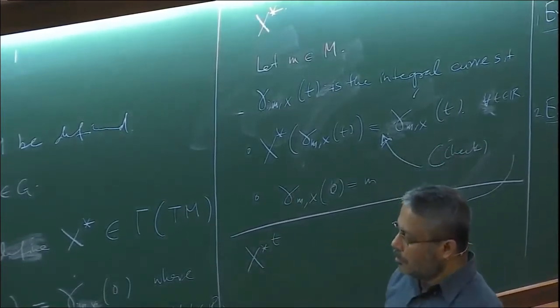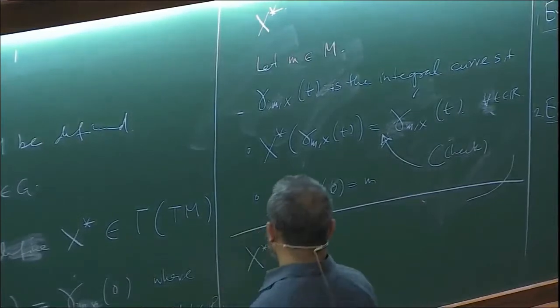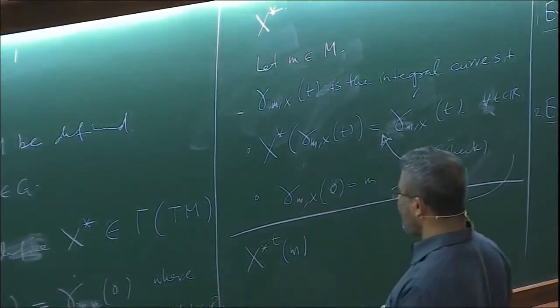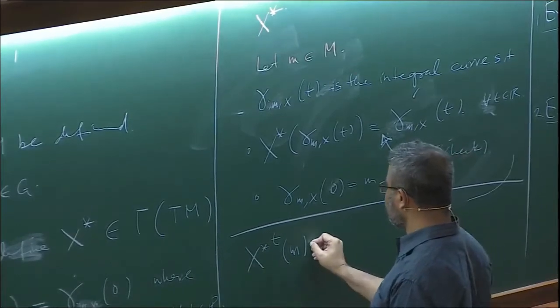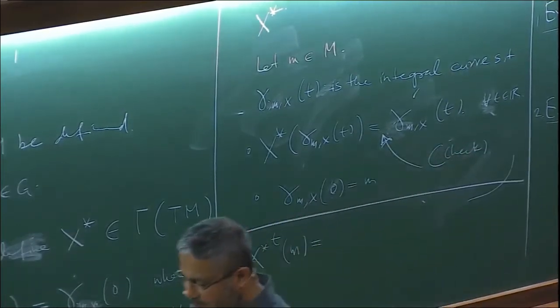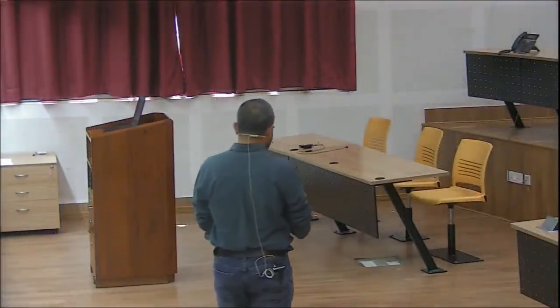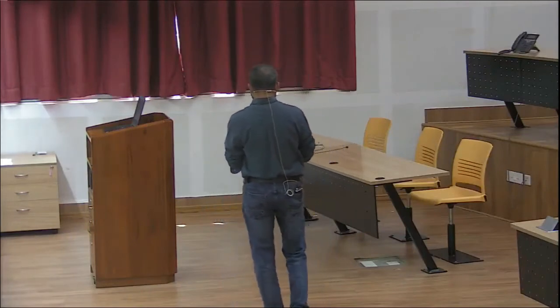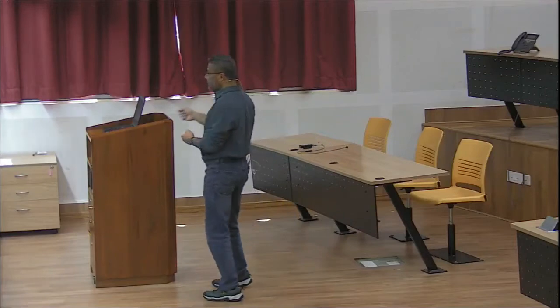The flow φ_t is, I guess you know what a flow is, a one parameter family of diffeomorphisms corresponding to the vector field. At time t, it sends a point m to γ_m(t), where γ_m is the integral curve passing through m.